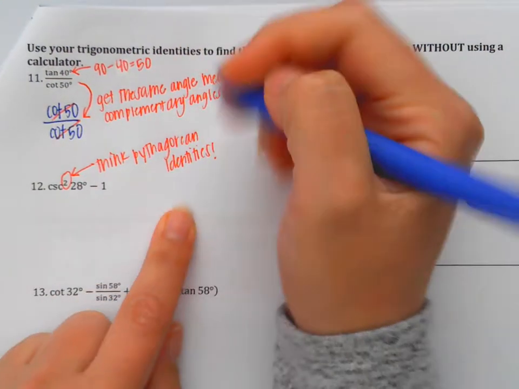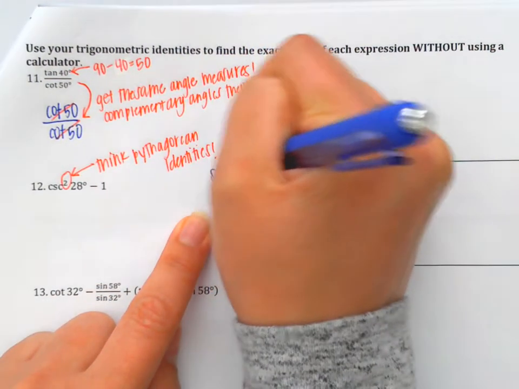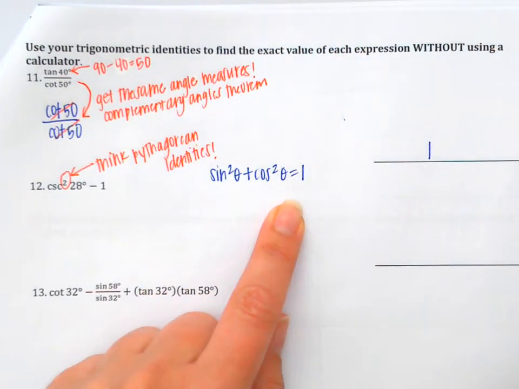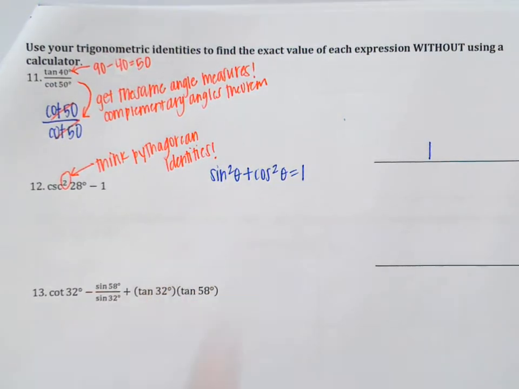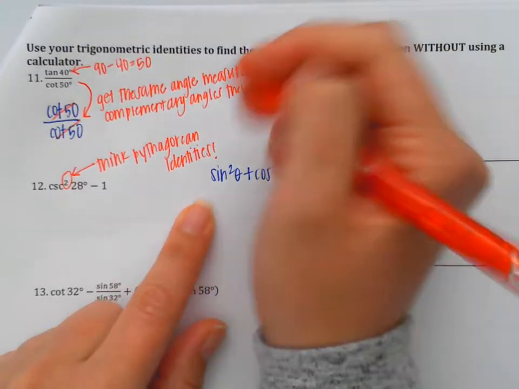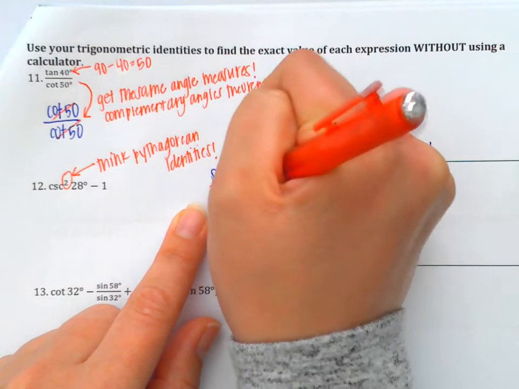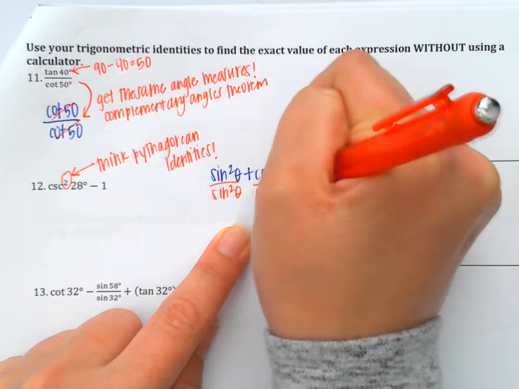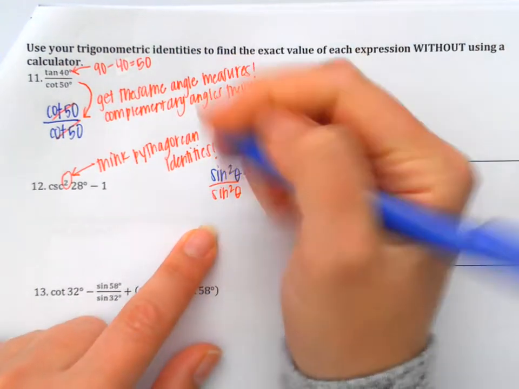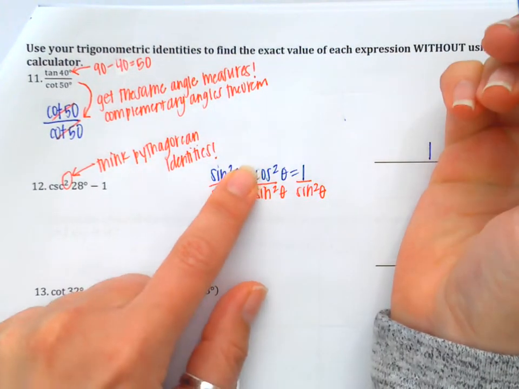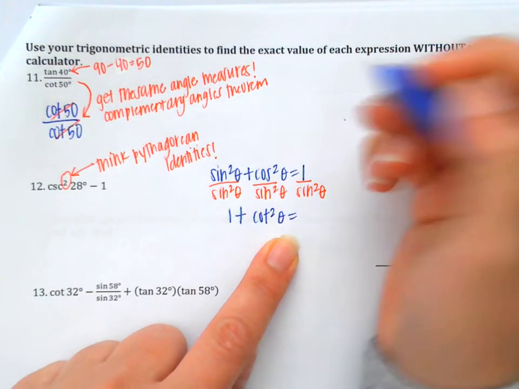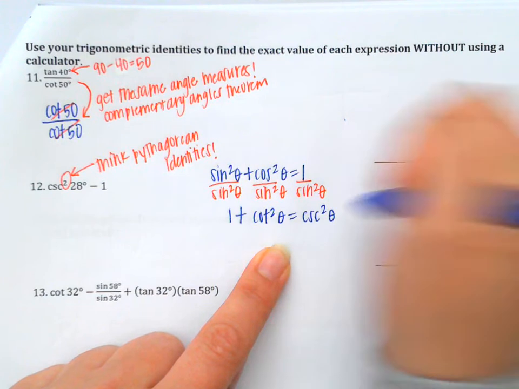I have just the ones with sine squared theta plus cosine squared theta equals 1 memorized. And then from there, in my head, I know that cosecant is 1 over sine. So if I divide everything through by sine squared theta, I'm going to get 1 plus cosine over sine is cotangent squared theta. I have that memorized. And 1 over sine is cosecant squared theta.